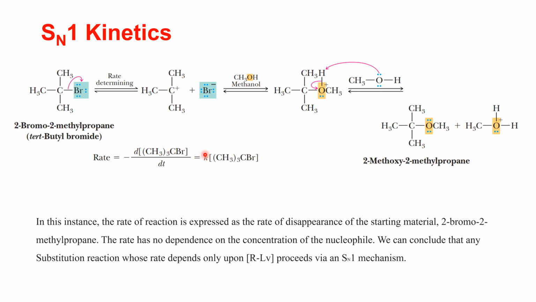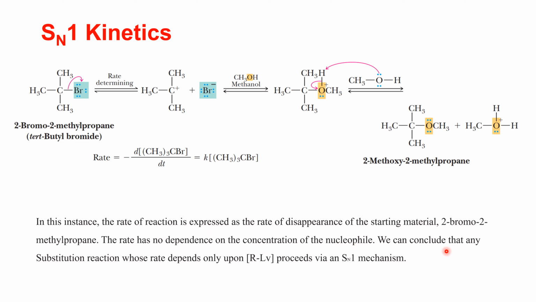The k is the rate constant, and here the rate is only dependent on the concentration of the haloalkane. So in this instance, the rate of reaction is expressed as the rate of disappearance of the starting material, which is 2-bromo-2-methyl propane. The rate has no dependence on the concentration of the nucleophile.